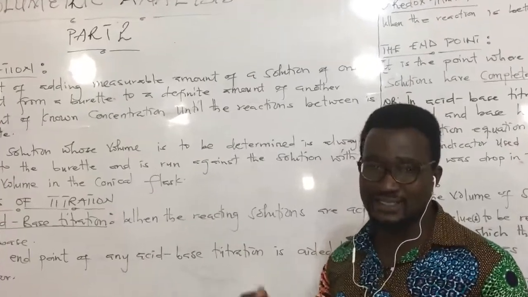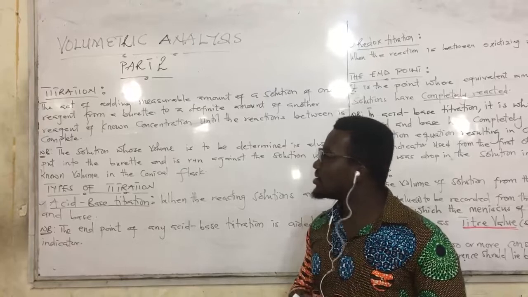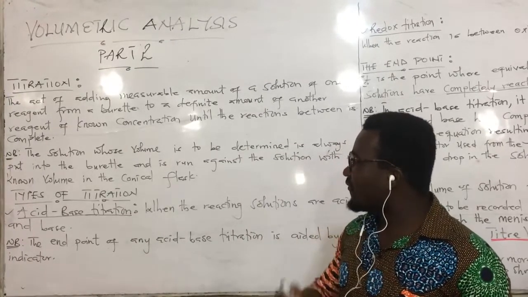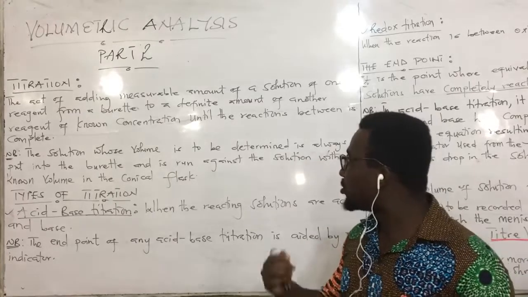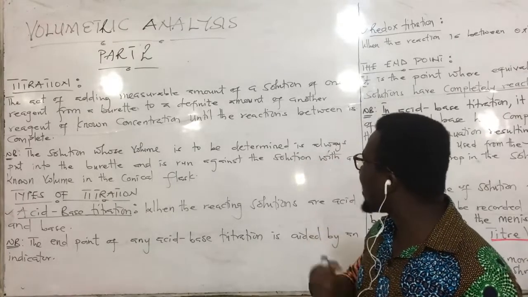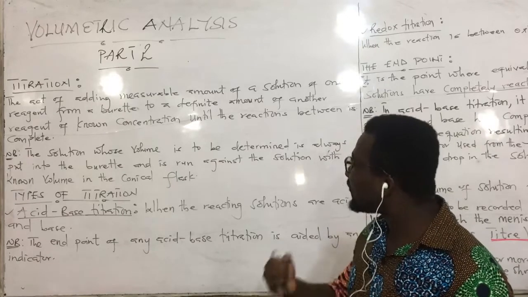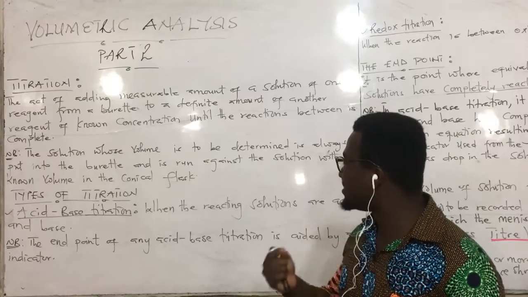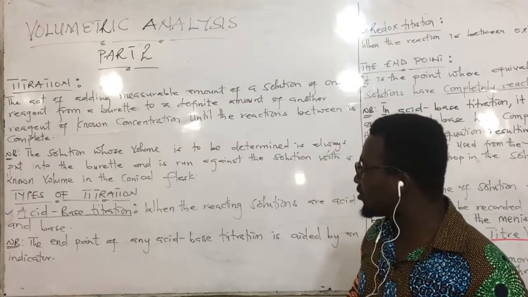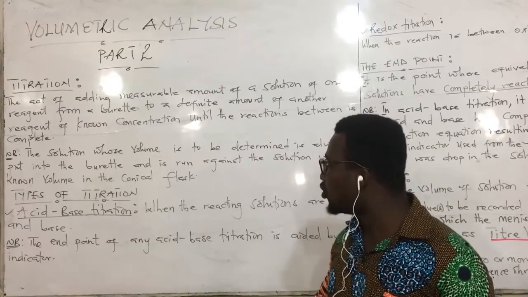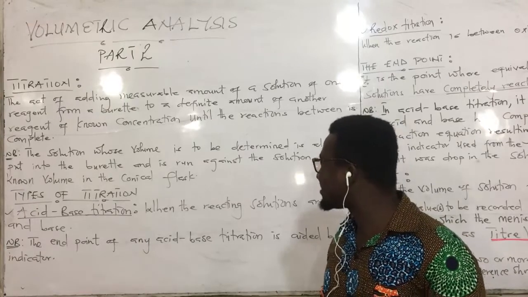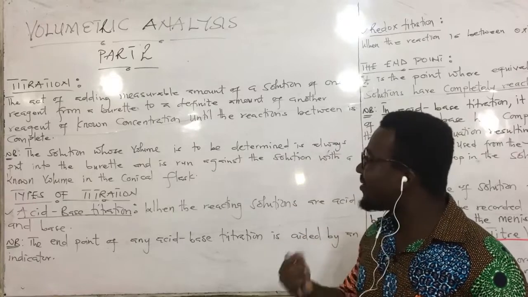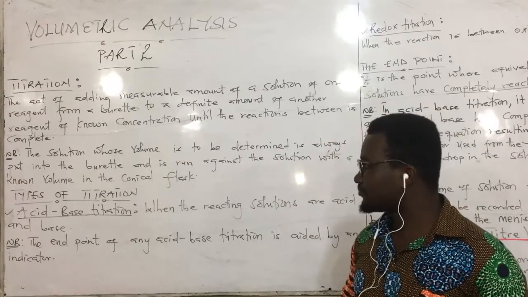Titration, what is it? Titration is the act of adding a measurable amount of a solution of one reagent from a burette to a definite amount of another reagent of known concentration until the reaction between them is complete.